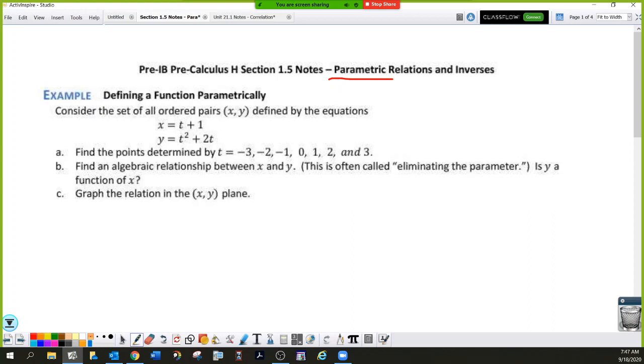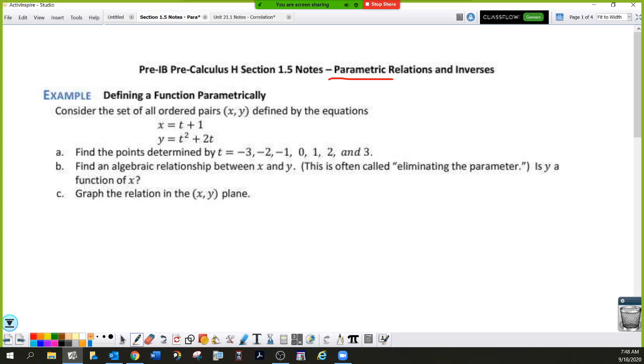And parametrics is a way to take a relation, something that's not necessarily a function, and turn it into a function in terms of x and a function in terms of y. A function for x and a function for y, and they're both in terms of a third variable.